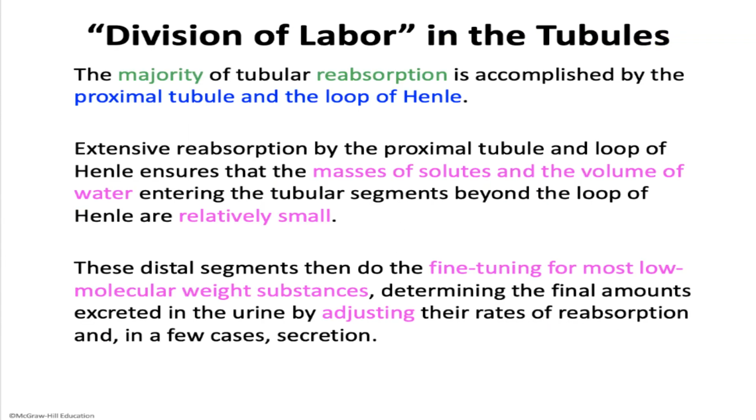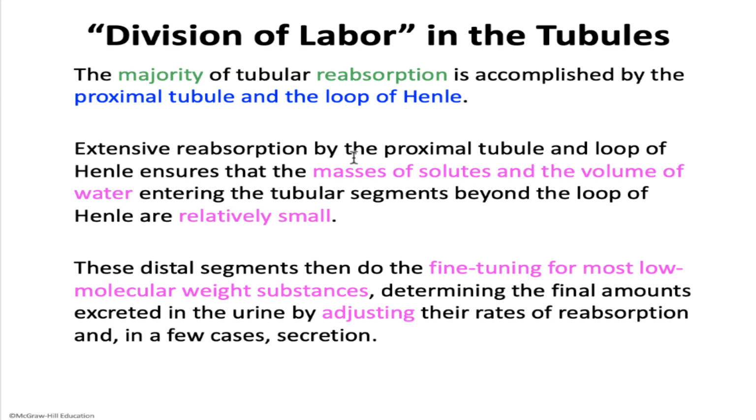This last statement is important for students to realize. The cells lining the nephron are not all the same. They change their identity and their biochemistry as one migrates along the nephron. The majority of reabsorption takes place in the proximal convoluted tubule and the early part of the loop of Henle.